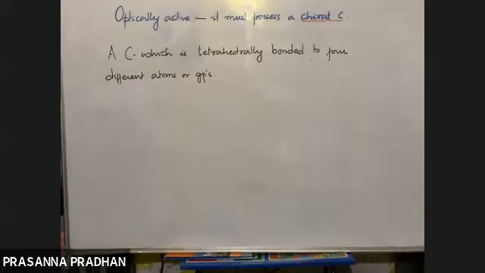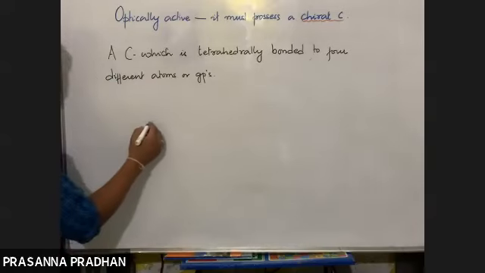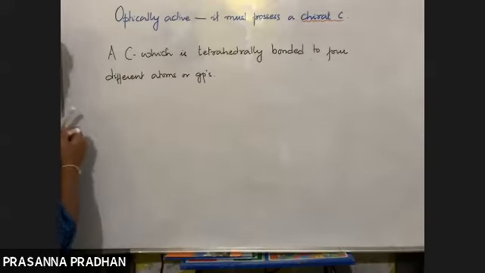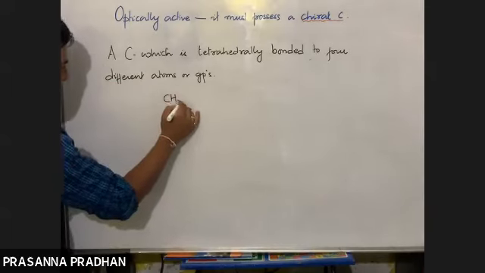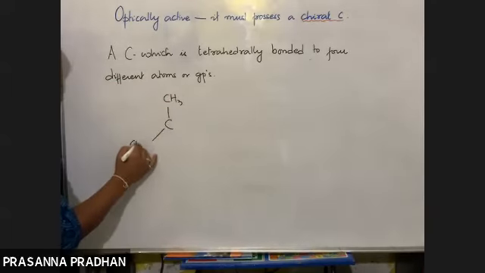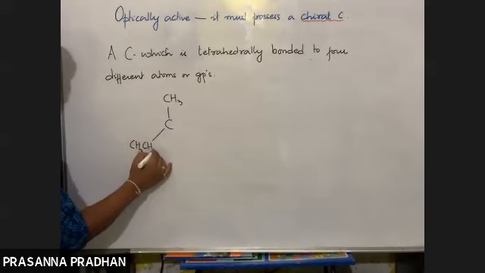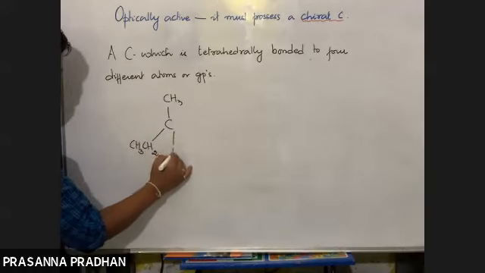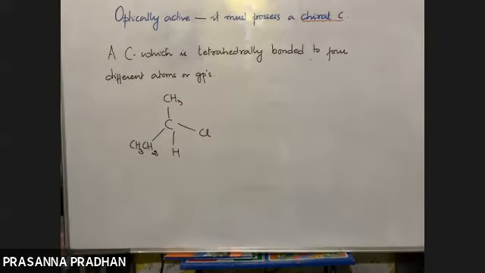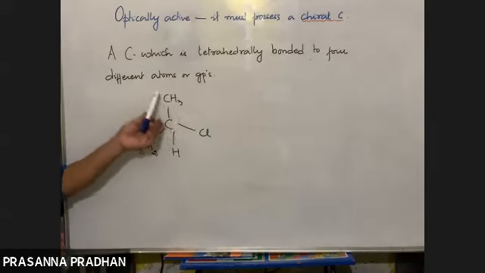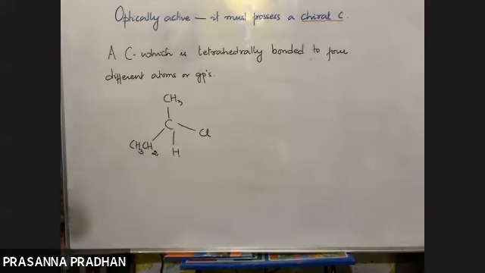I can give you many examples. Say I have a carbon bonded to one methyl group, one ethyl group, one hydrogen atom, and one chlorine. This carbon is bonded by single bonds, so it is sp3 hybridized, meaning it is tetrahedrally bonded to 4 different atoms or groups.